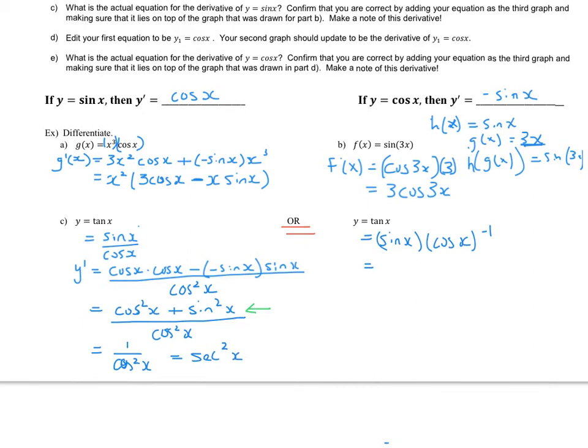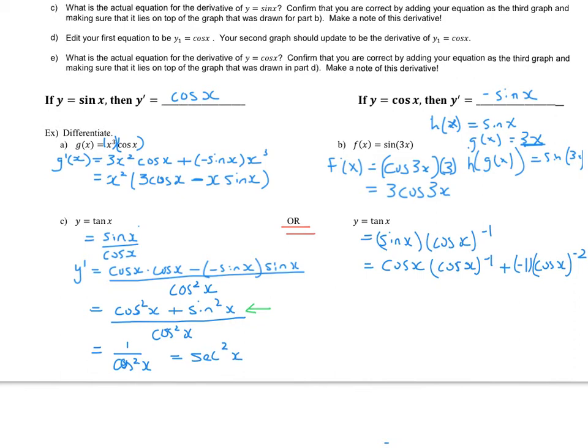So our derivative of sine x would be cos x, the derivative of the first times the second, cos x to the negative 1, plus the derivative of the second. So applying that rule here, we're going to have a negative 1 multiplying the cos of x, and that would now be to the negative 2, and I've run out of room. This is just going to continue on. I'll just write it down below.